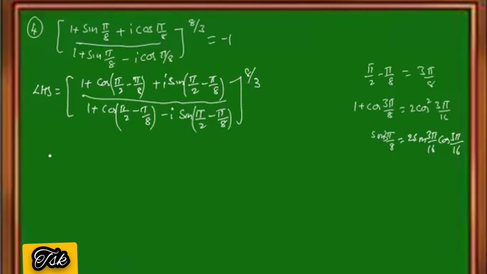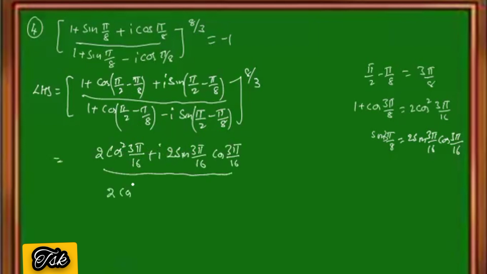Go for the formula. This becomes 2 cos square of 3 pi by 8 by 2, which is 3 pi by 16, plus i into 2 sin 3 pi by 16 cos 3 pi by 16, divided by 2 cos square 3 pi by 16 minus i 2 sin 3 pi by 16 cos 3 pi by 16.